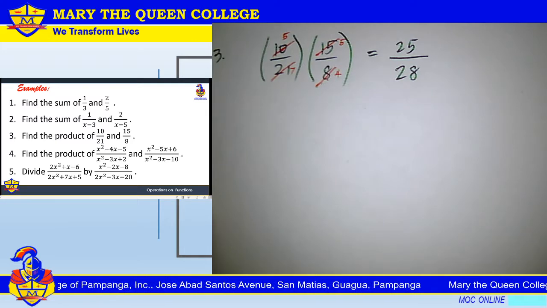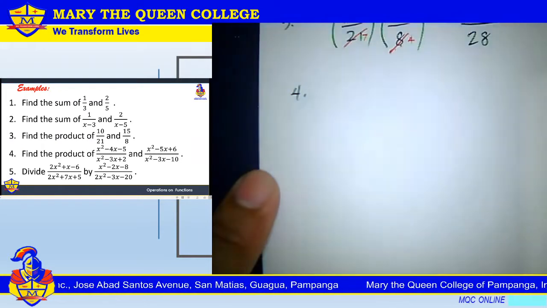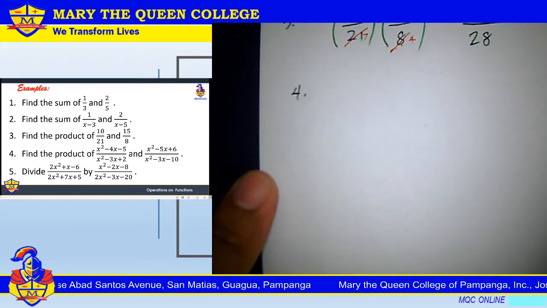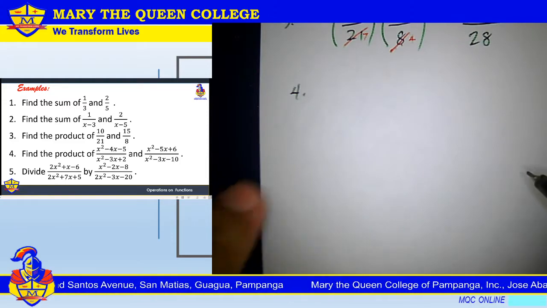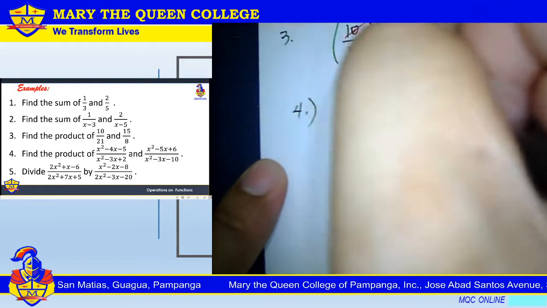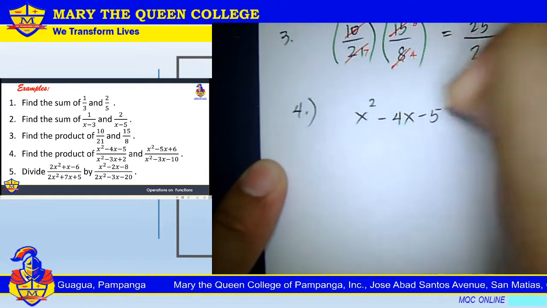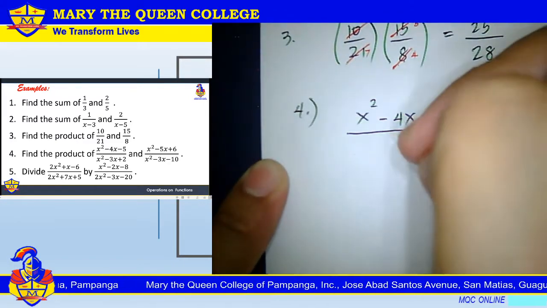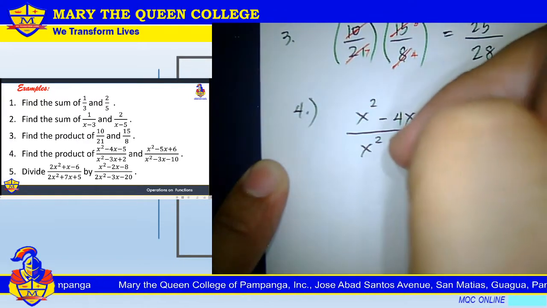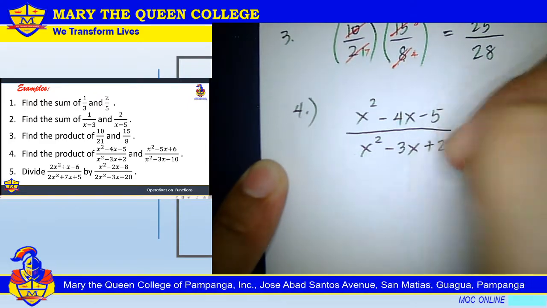So, for the next example, number 4. For number 4, we have to find the product of x squared minus 4x minus 5. So we have x squared minus 4x minus 5 all over x squared minus 3x plus 2.